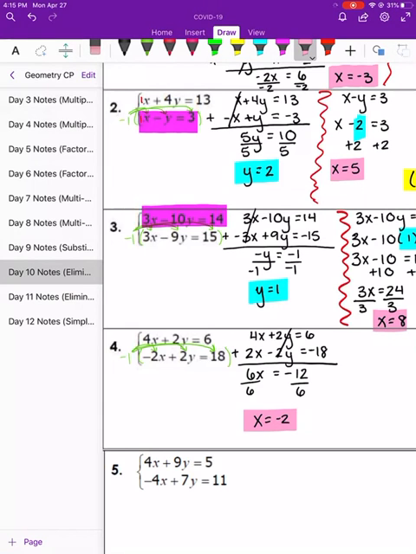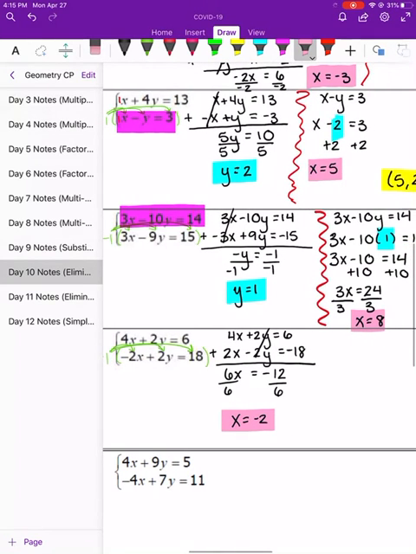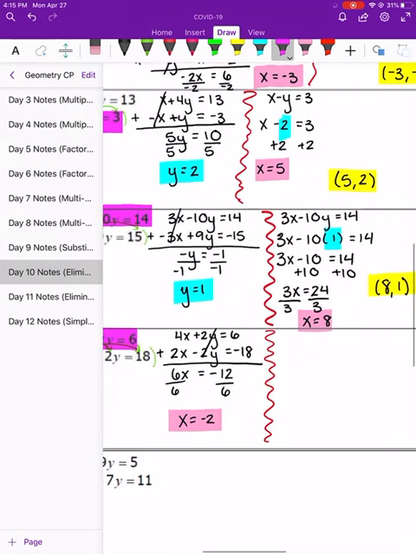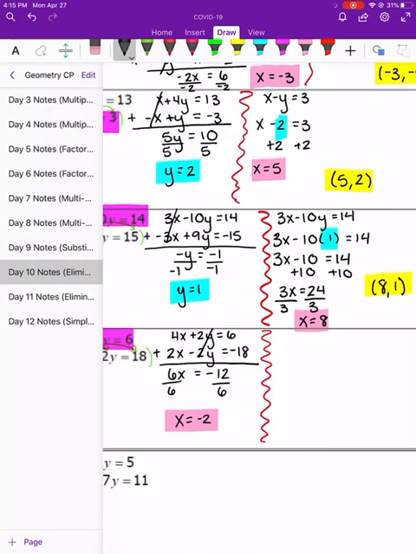Okay. Now I need to plug it in and solve for y. Okay, so I just choose one of my originals, whichever one you think will be easier. I'm going to work with the top one, so 4x plus 2y equals 6.